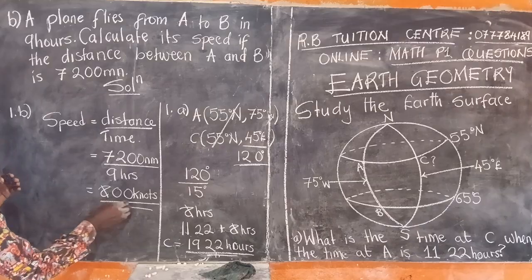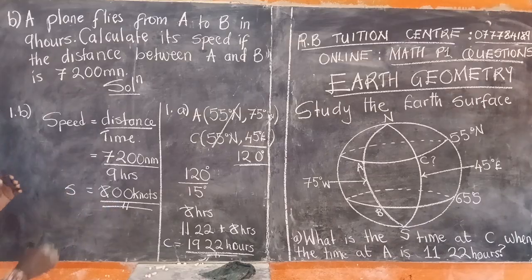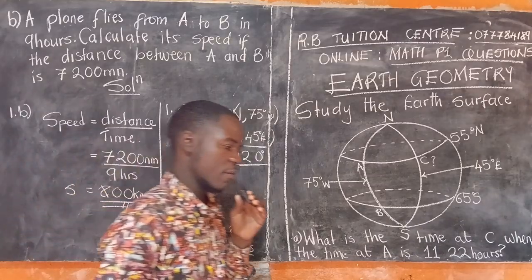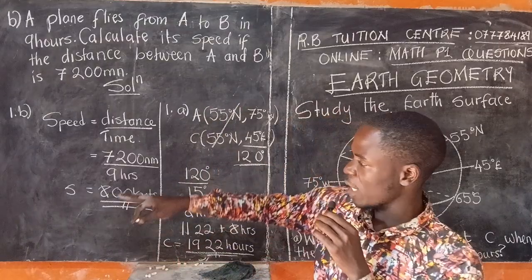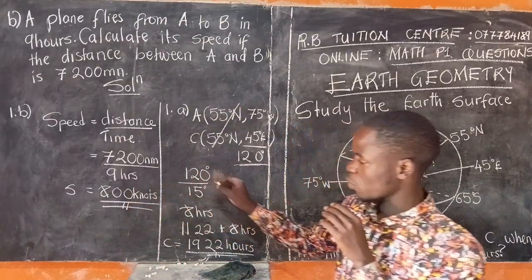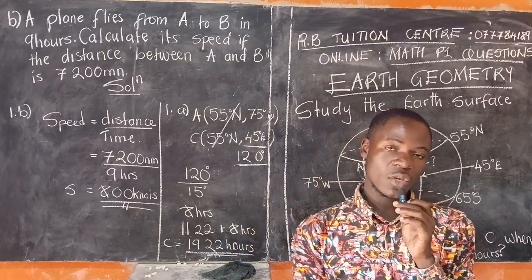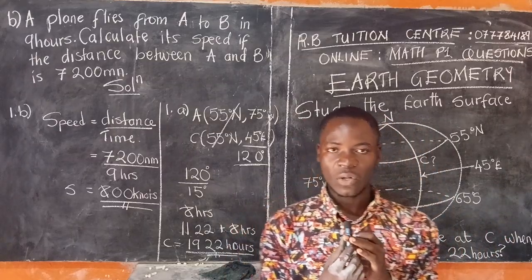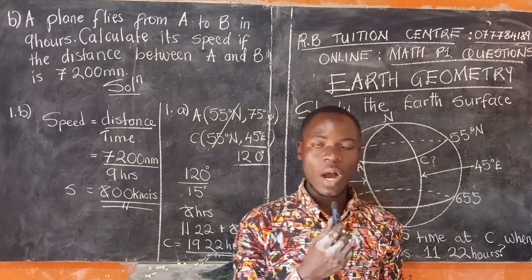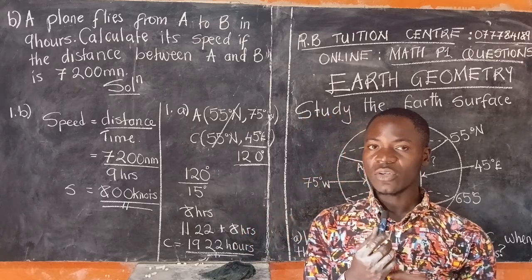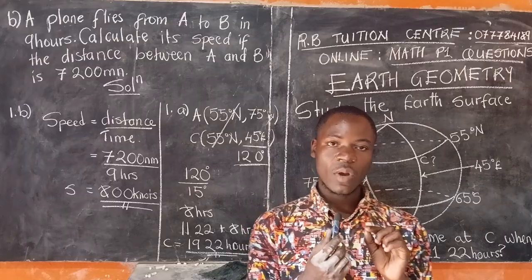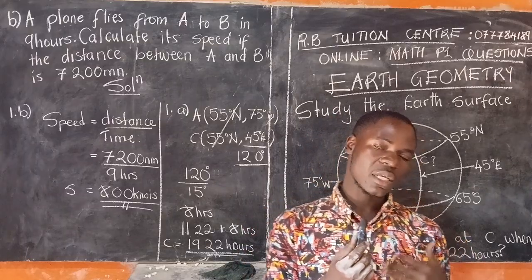This is the total speed that we have. This one is provided 2 marks. Sometimes they cannot give you the distance, and you are required to find the distance. In the next video, I'll be posting where you are not given the distance and are required to calculate it.